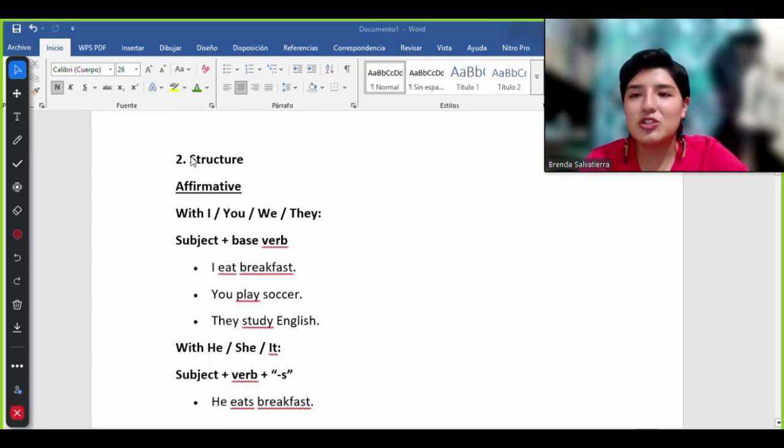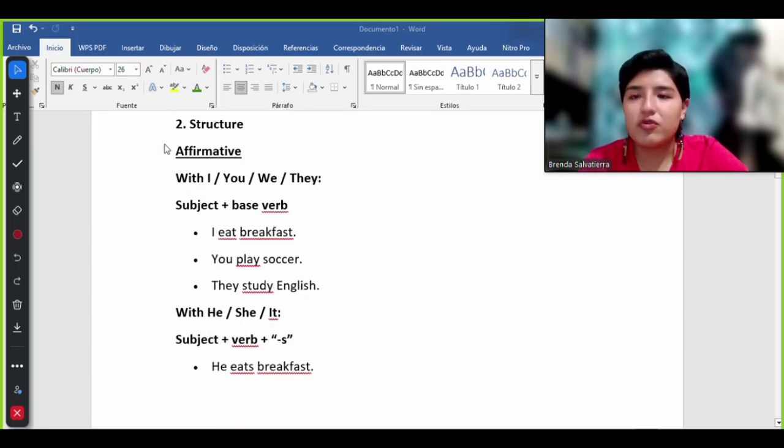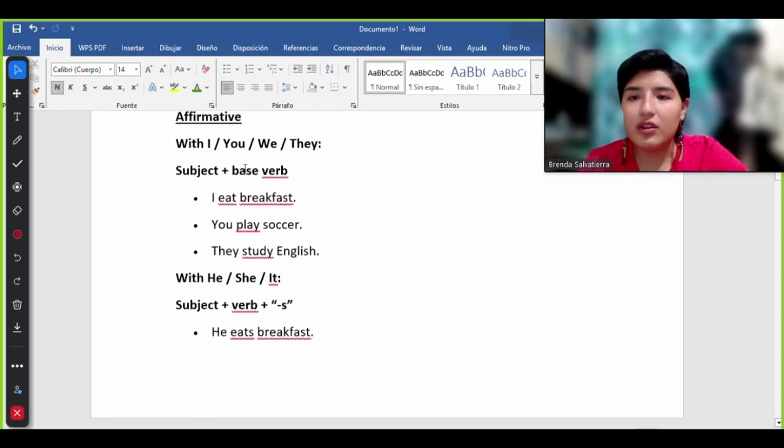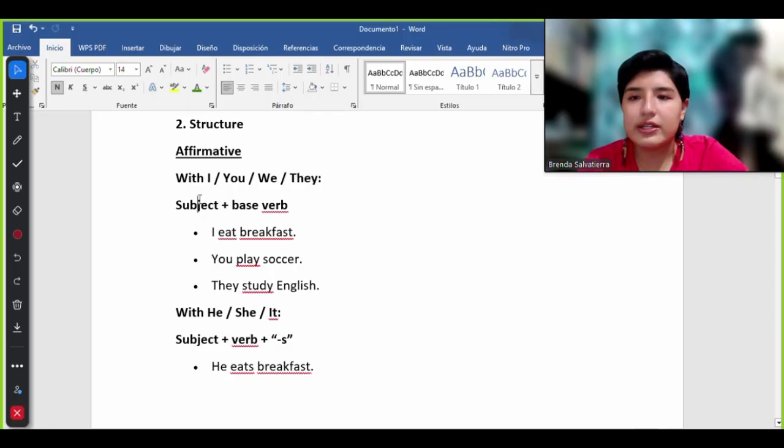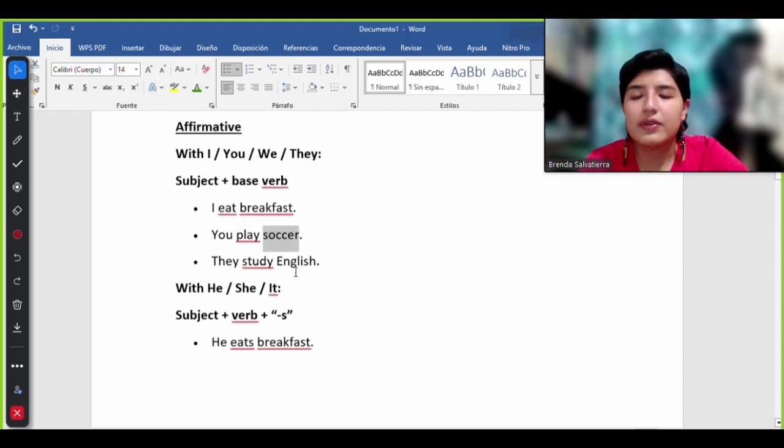Okay, number two, structure. So for affirmative, with the pronouns I, you, we, they, the structure goes like this. We first write the subject and we add the base verb. For example, I eat breakfast. This is the complement. You play soccer.